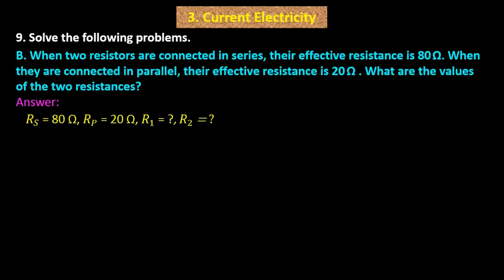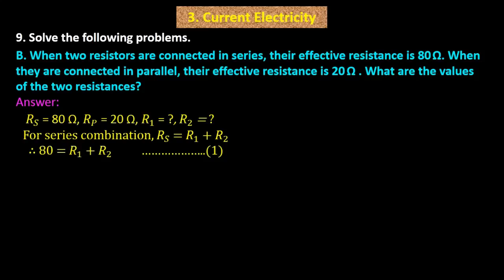RP means resistance in parallel is equal to 20 ohm. R1 is equal to what and R2 is equal to what. For series combination, RS is equal to R1 plus R2. Therefore, 80 is equal to R1 plus R2.